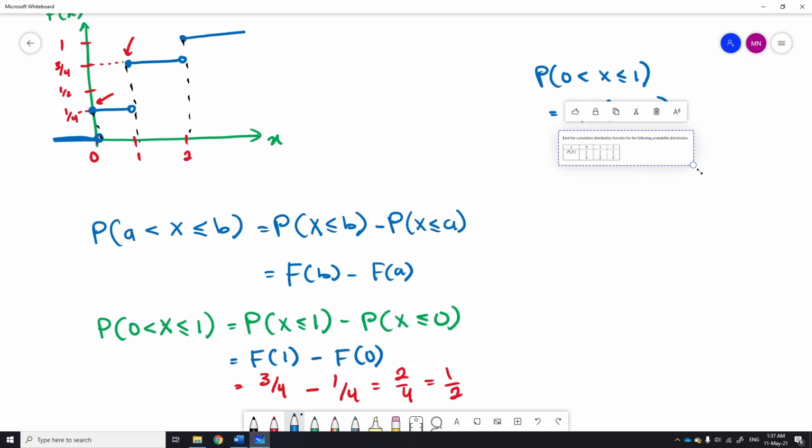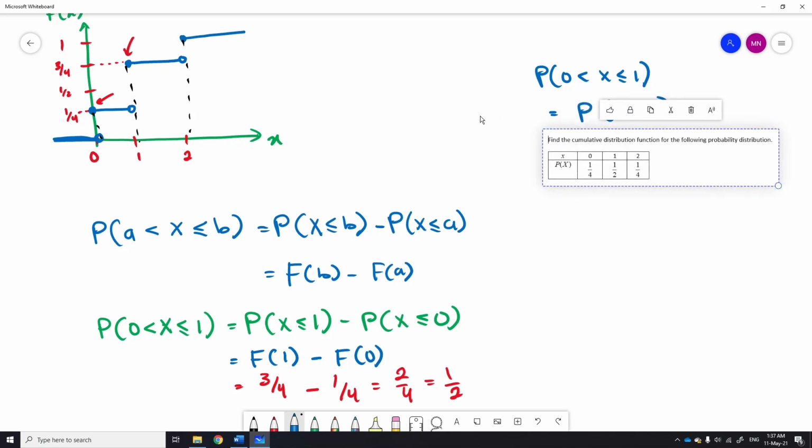Because you can refer back to the question: the probability that x is bigger than 0 but less than or equal to 1. So it only includes this area. We cannot take 0, because x must be bigger than 0 and also less than or equal to 1. That's why our answer is 1 over 2, the same answer we calculated using the cumulative distribution.